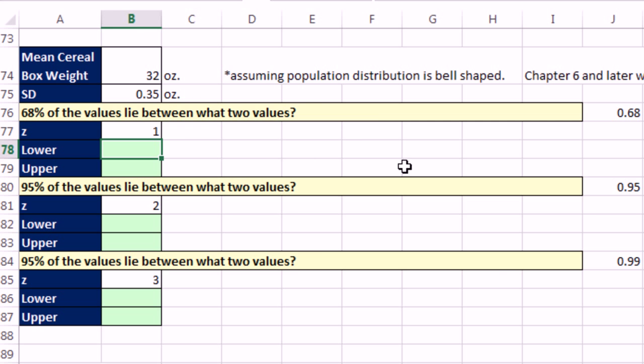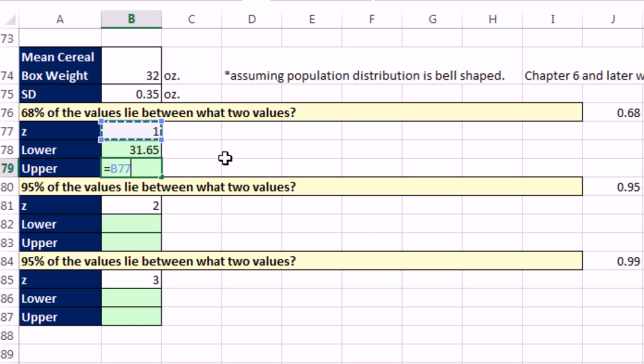So within 1 standard deviation, I'm going to say give me the 32 ounces, F4, minus 1 standard deviation relative cell reference times our standard deviation F4. All right, so when I hit Enter, that gives me the lower amount.